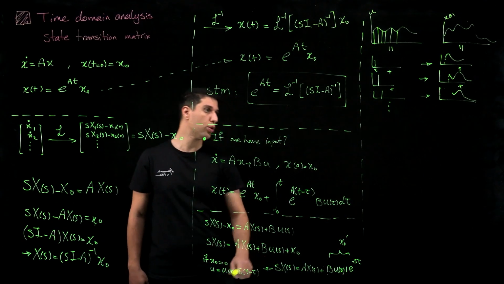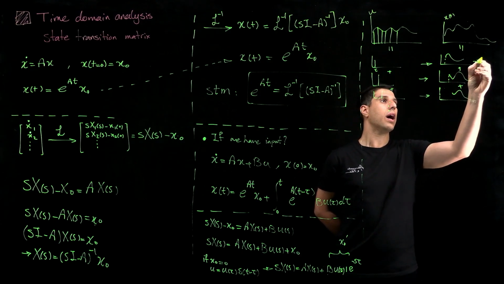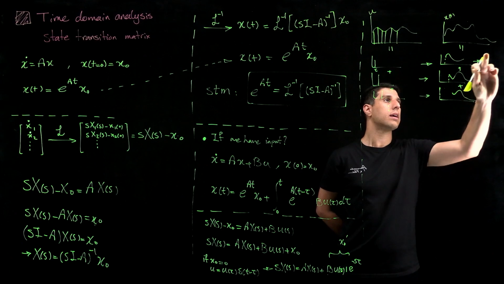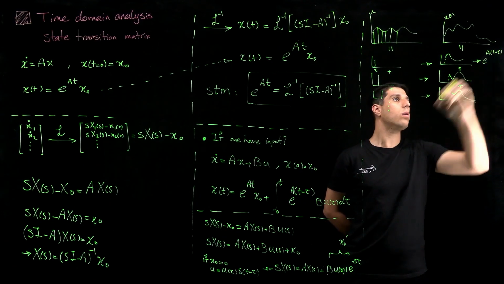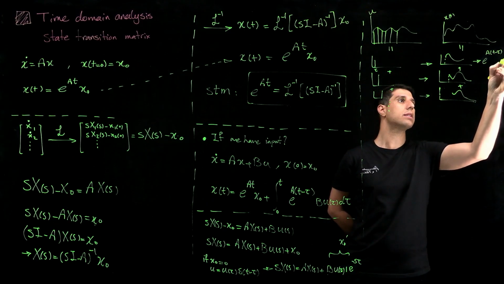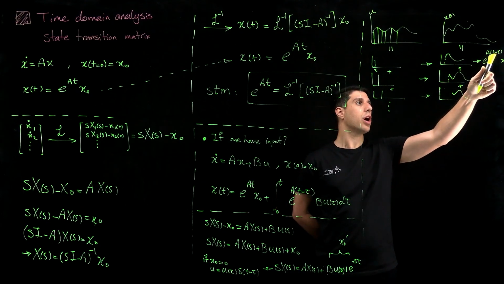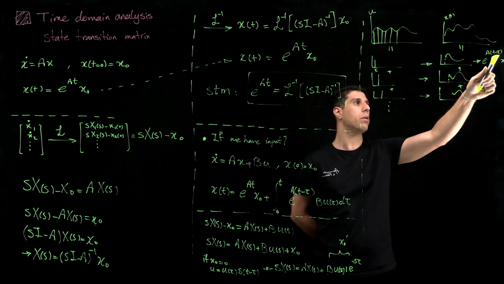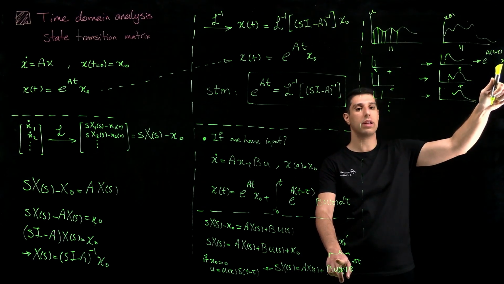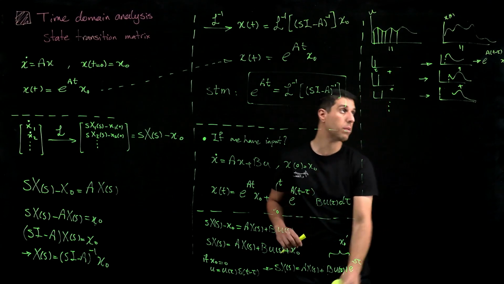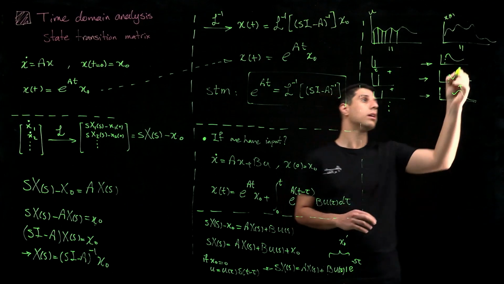So this equivalent system, so for any of these, I'll have some e to the a t minus tau multiplied by this x naught prime. So depending on how much time has passed since the time of the impulse, multiplying that by the equivalent initial condition. Let me write it a bit better.